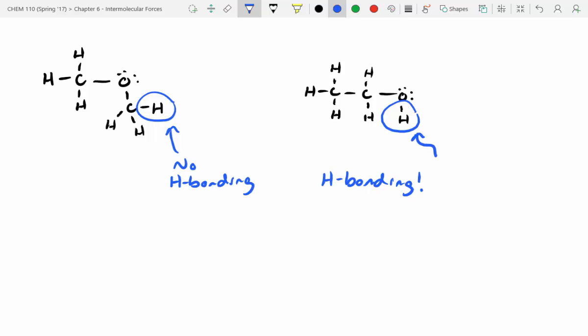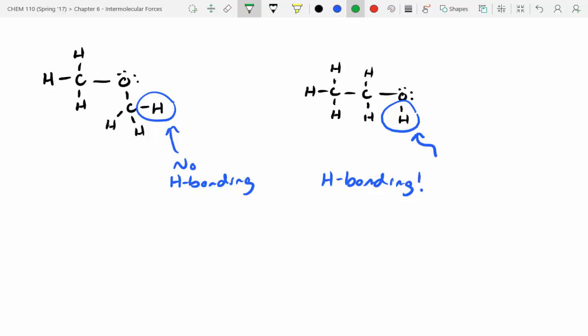All right, if we look at the molecule on the left, do you think it's polar or nonpolar? What do you guys think? Do you think all of the individual dipoles are canceling out, or do you think there's a net imbalance? Net imbalance, right?